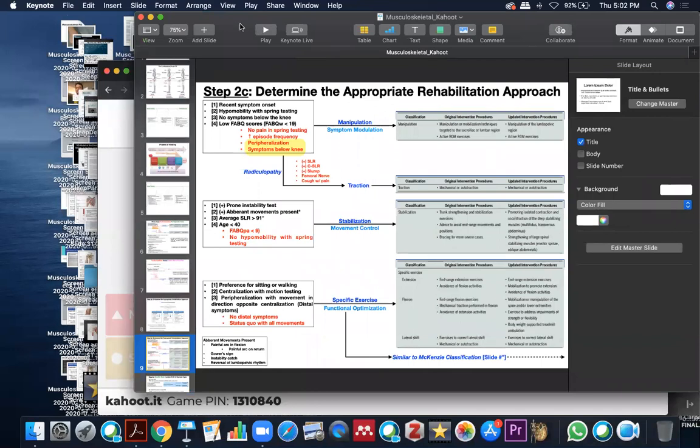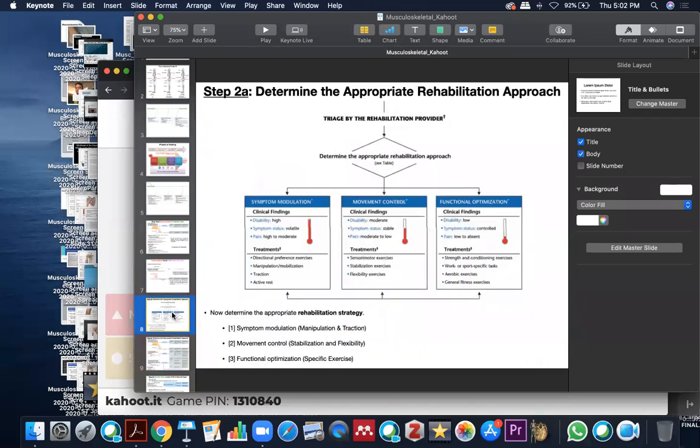the exam. So remember that with that triage, you've got the medical management, which is refer out. We just mentioned that. Here's the rehabilitation, which is where the physical therapist would deal with it.